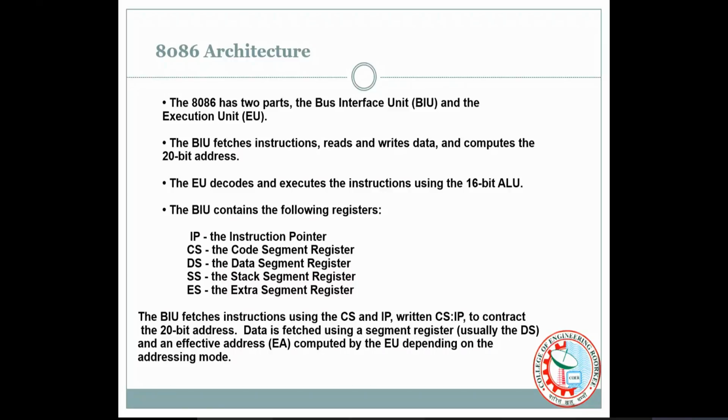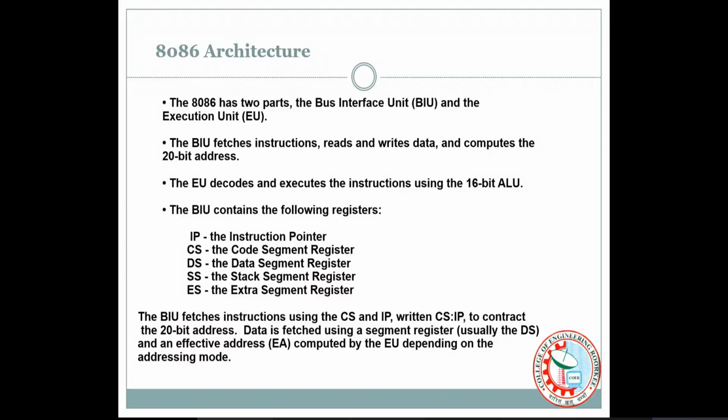Fetching of instructions, reading, writing, then calculation of this 20-bit address that we did in the last class, where we have the formula of physical address and effective address. Those kind of calculations will also be done by the BIU. Fine. So BIU mostly deals with instructions and mostly it will deal with the address bus.